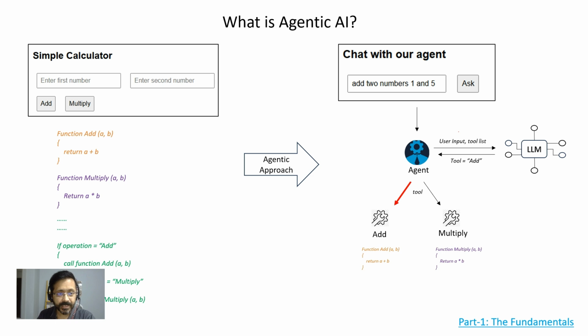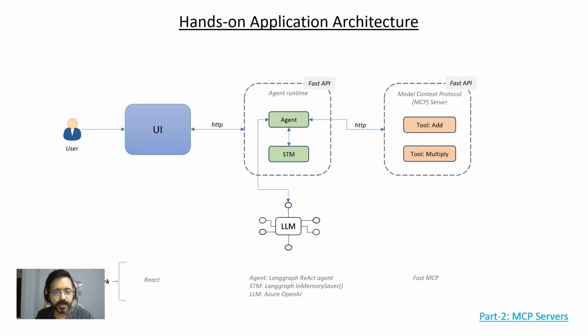In my next part, part 2, we'll be discussing the hands-on application architecture, and then we'll do the actual implementation in Python. But I just want to explain this high-level architecture. As you see, I have this user interface which is based on the React framework.